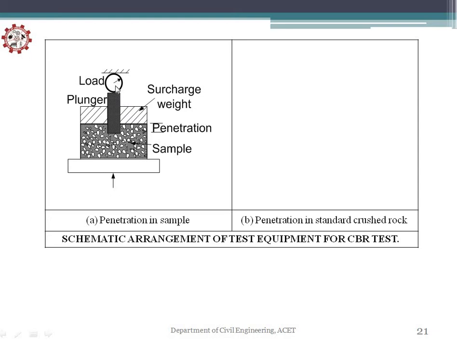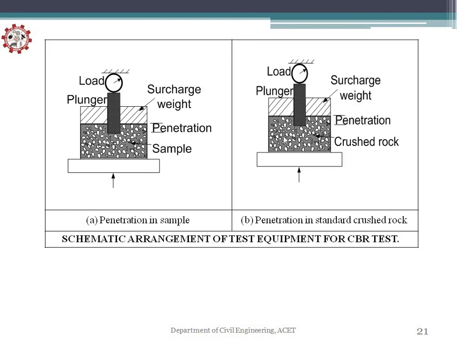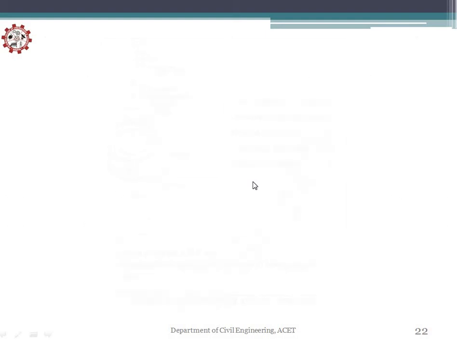The plunger goes inside and penetration takes place, and how much penetration there is gives you the idea. Then the test load is calculated. The same is done for the crushed stone, and the load is calculated for it, and the value of the test is obtained.